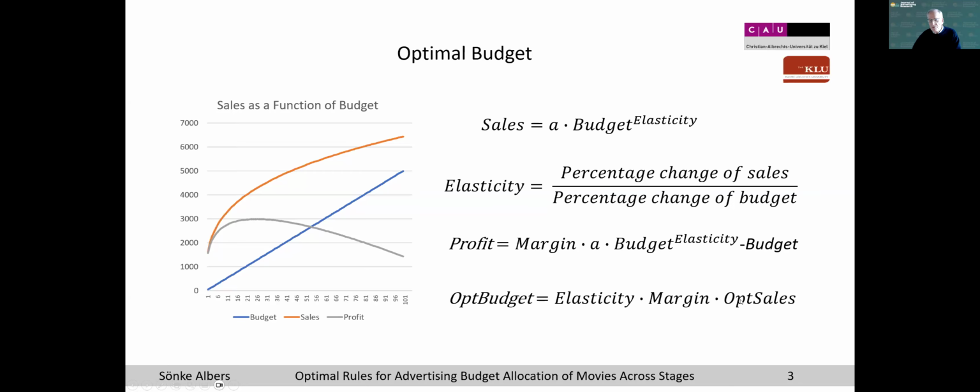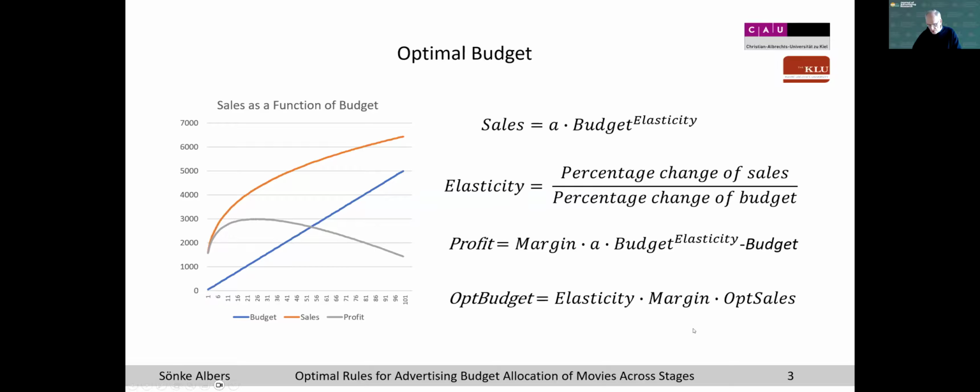And this optimal sales was missing in this Lim-Lee article. They wanted to determine the optimal budget across stages only with respect to the elasticity, but it is also needed the optimal sales, the size of the stage.